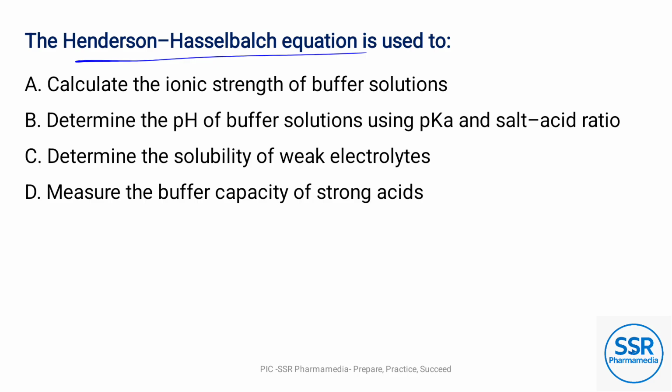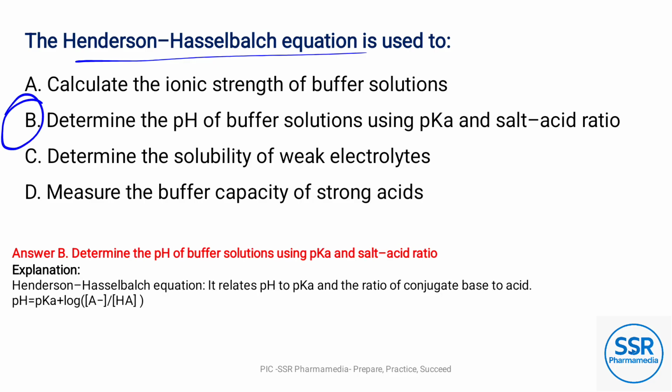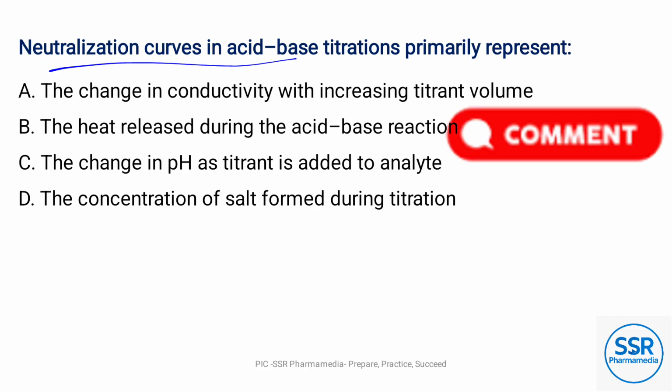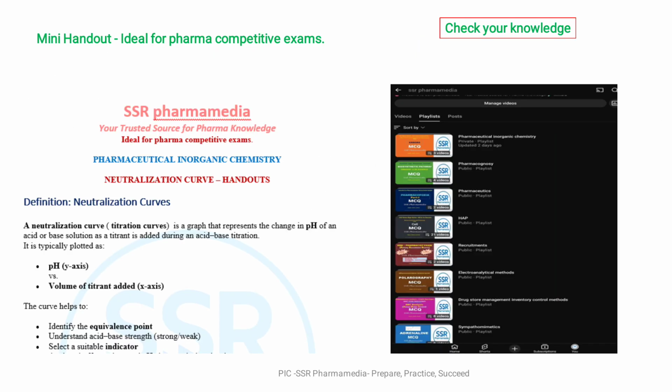The Henderson-Hasselbalch equation is used to, option B, determine the pH of a buffer solution using pKa and salt to acid ratio. Neutralization curve in acid-base titration primarily represents, so answer in the comment box.